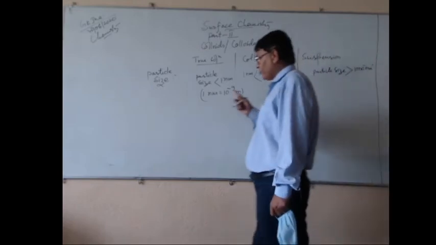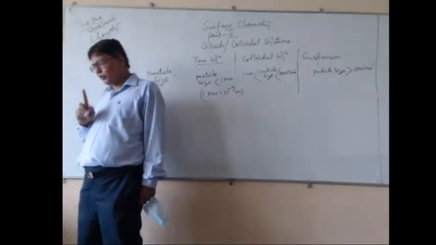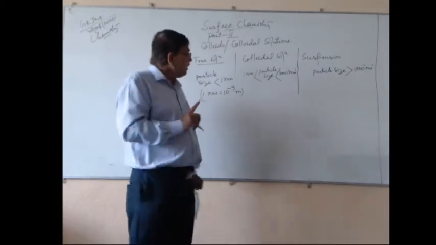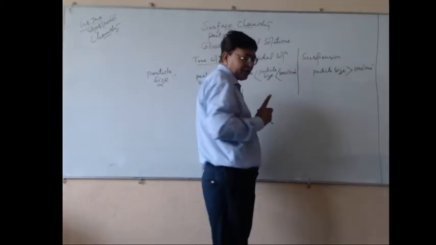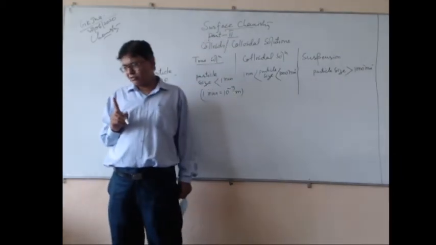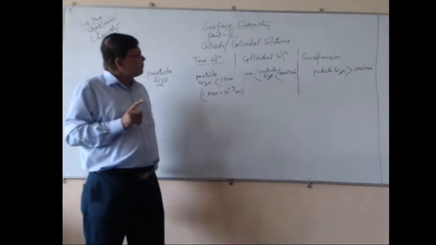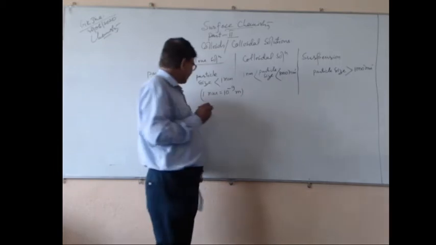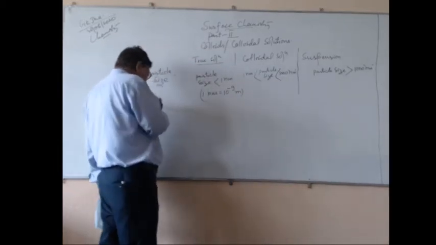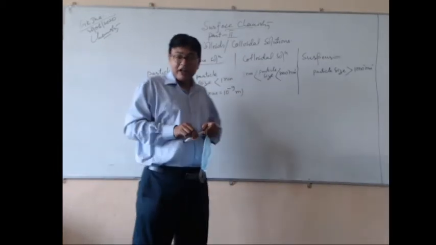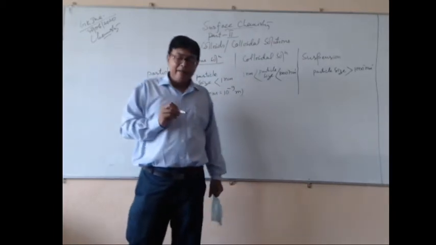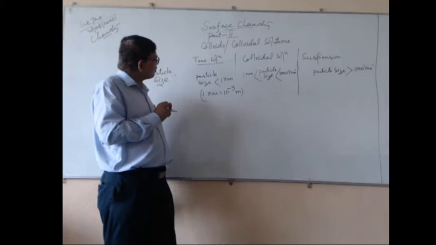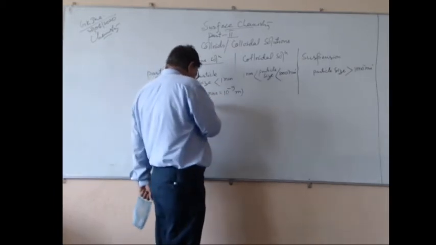The main difference is particle size. In terms of particle size only, the best kind of distinction is made. Other points are also there which will distinguish true solution, colloidal solution, and suspension. Another thing is homogeneity or heterogeneity, that is, whether the solution is homogeneous or heterogeneous.